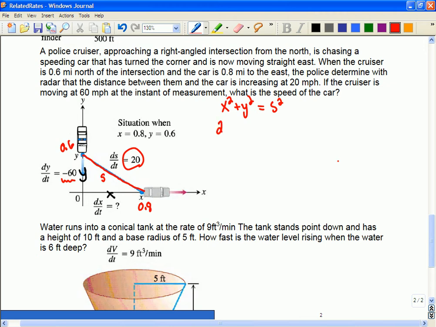So if I take the derivative, that's 2x dx/dt plus 2y dy/dt equals 2s ds/dt. And this is what I'm trying to find here. So I'm going to have to rearrange for dx/dt.